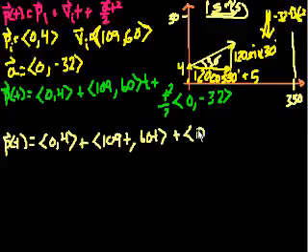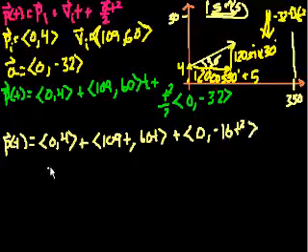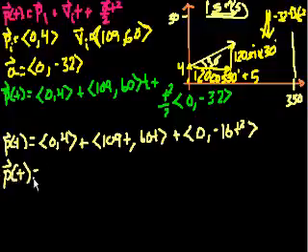That times 0 is 0, and that times minus 32 is minus 16t squared. And now we can add the vectors. So the position at any point t. Let's add all the x components of the vector: 0, 109t, 0. So we just get 109t.